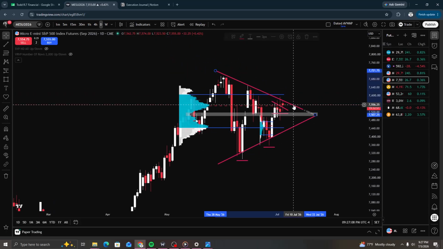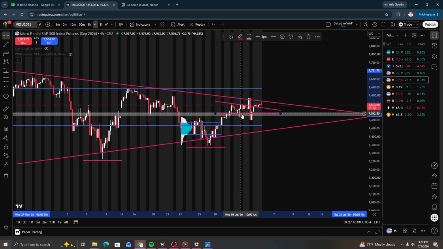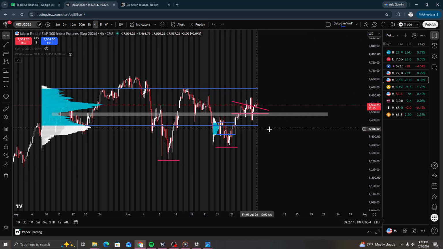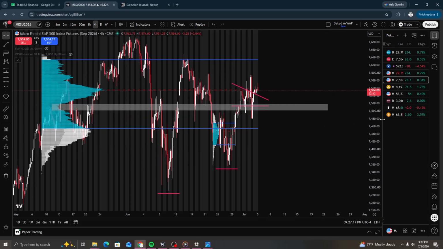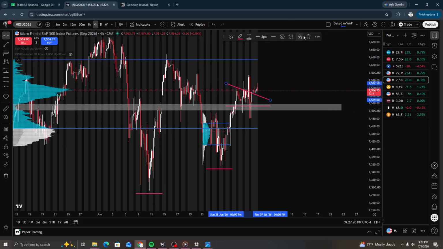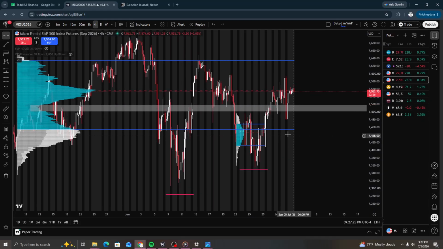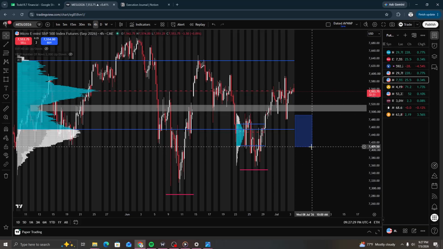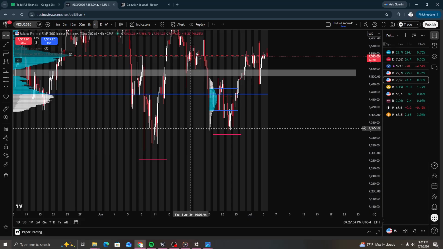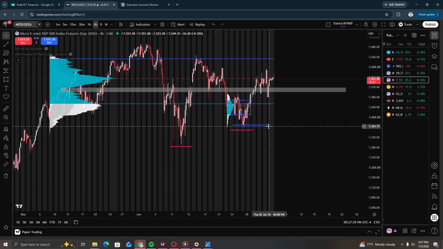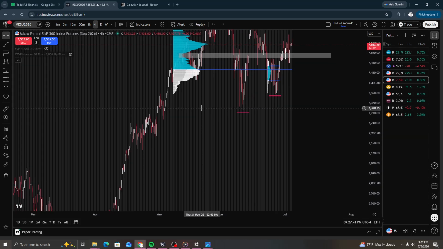What I am going to do is, I really don't want this declining wedge up there for me. Yeah, I'm just neutral on both. Wouldn't be short until we get below this low volume node. And it's not that I'm looking to sweep these lows right now. I'm trying to see, is there a reason to come down there?